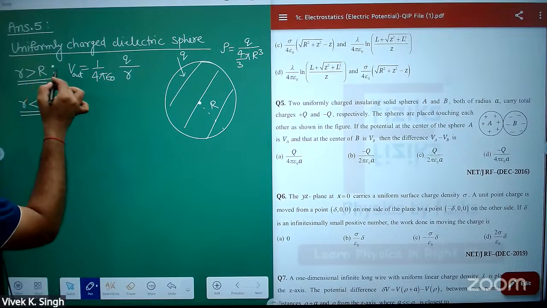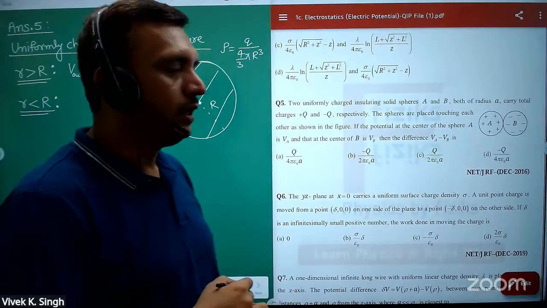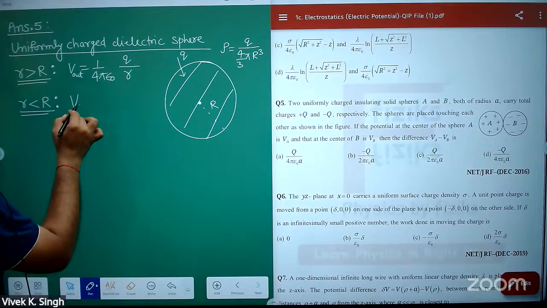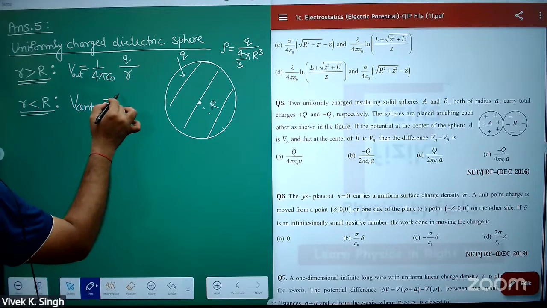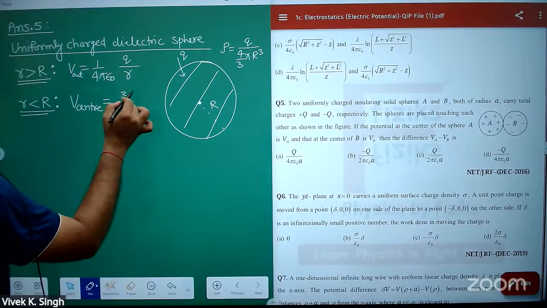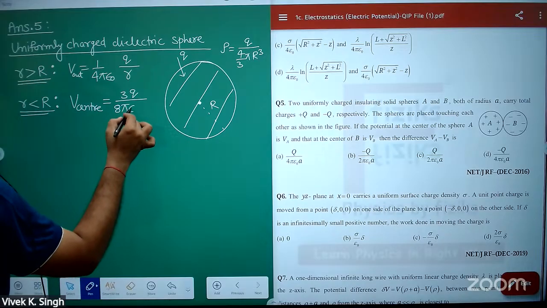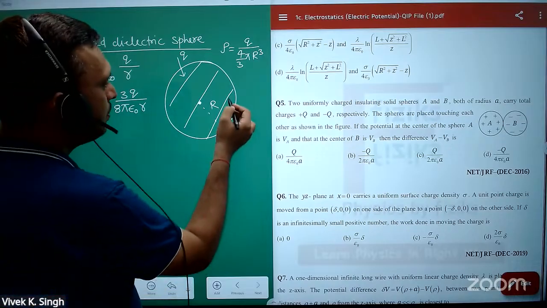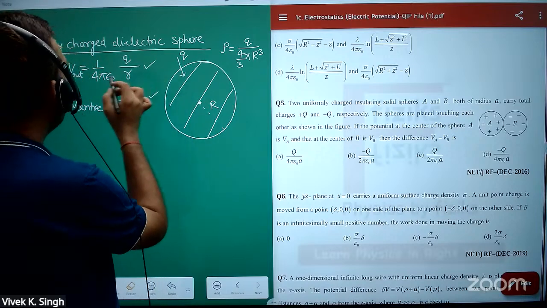You can easily calculate using the definition that V(r) is minus integral from infinity to r of E dot dl. Similarly, if you calculate potential at the center, this will be given by 3Q by 8 pi epsilon 0 R, you can easily verify this. This is for any point inside and the other is for any point outside.